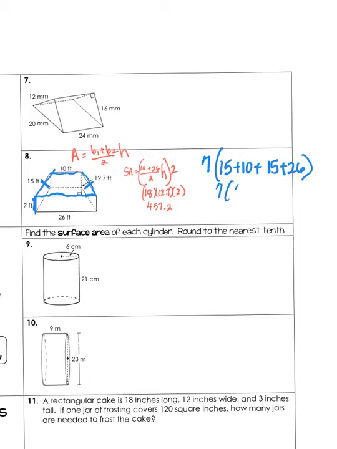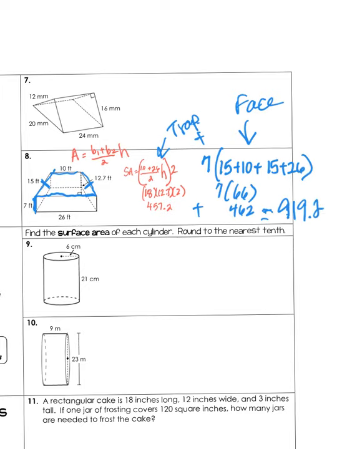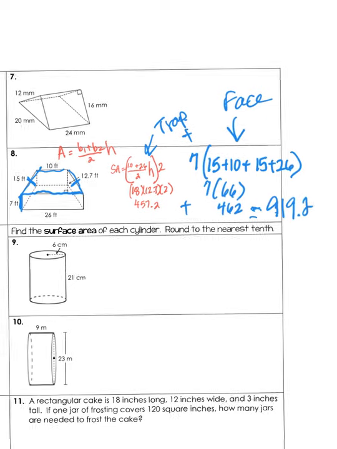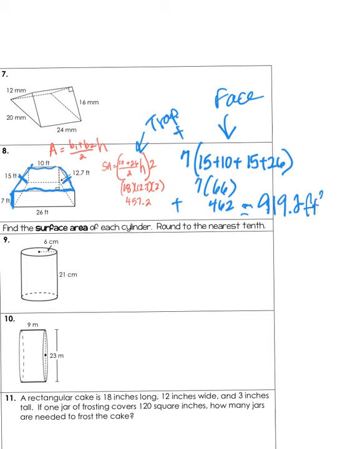So now we've got 7 times 66, which on a good math day gives us 462. So we're going to add our trapezoids plus the faces and voila, we have 919 2/10. And it's feet, right? And it is feet squared.